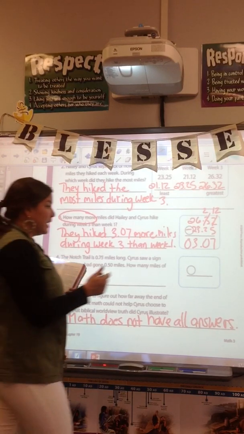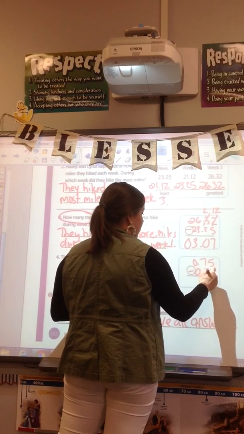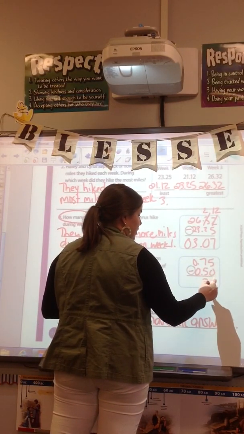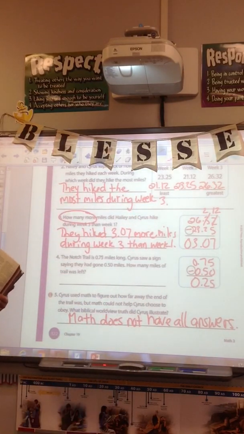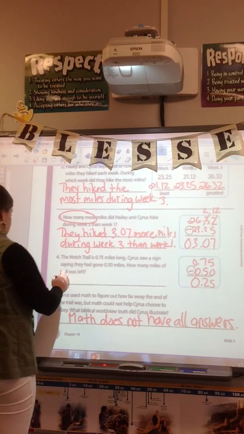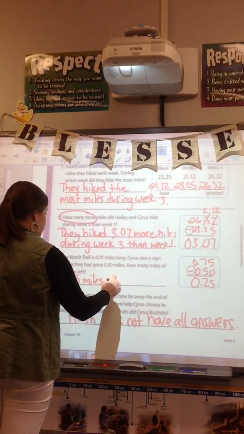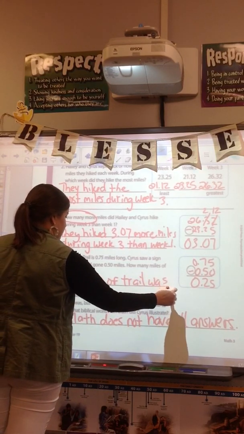Well, we're going to take 0.75 and subtract 0.50 to get our answer, and we're going to end up with 0.25 or 1/4 of a mile. So 0.25 miles of trail was left.